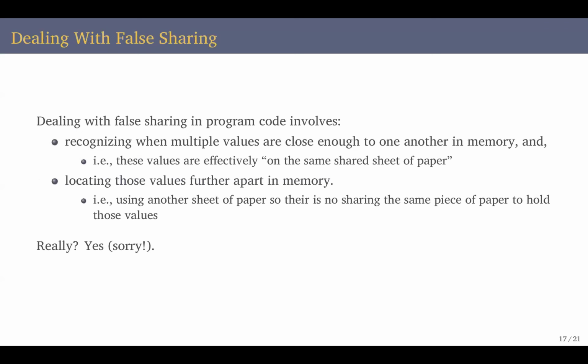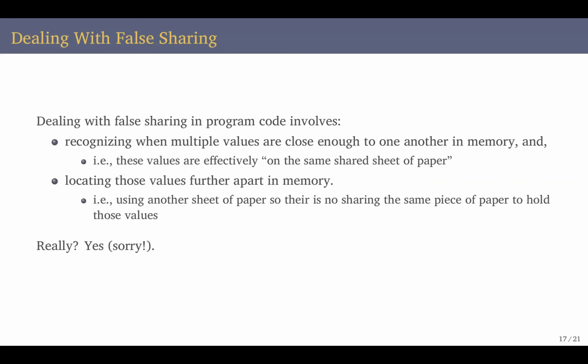Well, you have to recognize when you have multiple values close enough to one another in memory. This happens often. How many of you have written int i, comma j? Boom, i and j are right next to each other in memory. Or two double variables next to one another, or you have an array of variables. Obviously, array elements are right next to each other in memory.